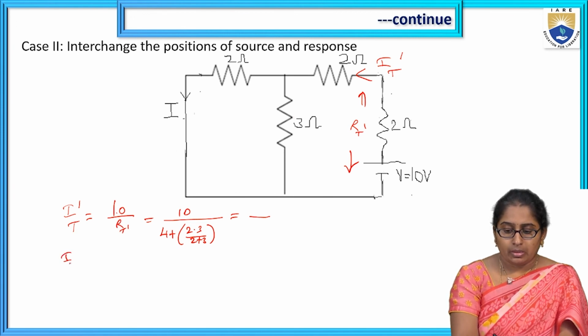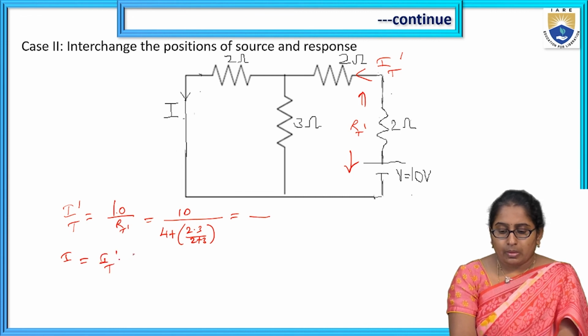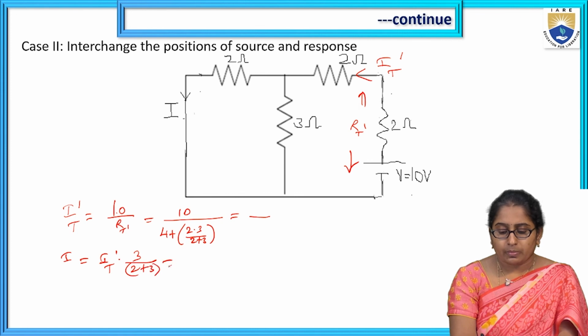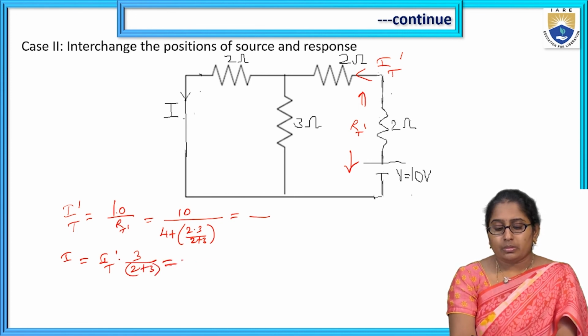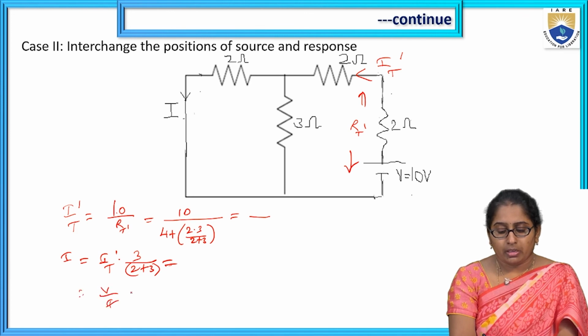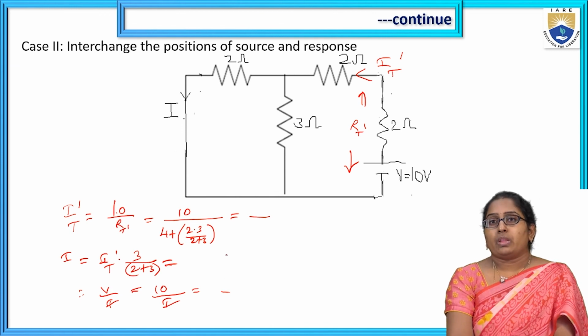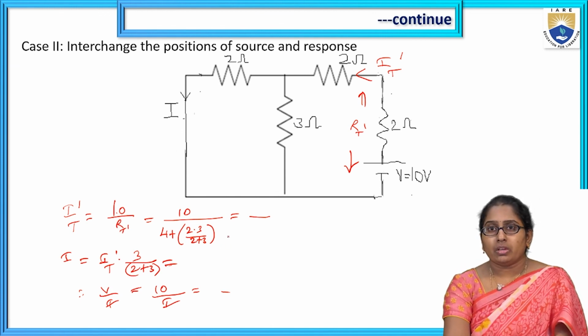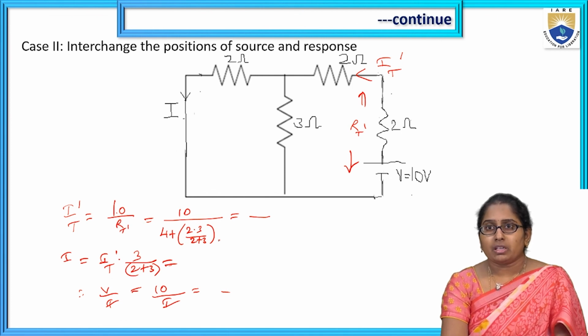Then the I value is IT dash into 3 by 2 plus 3. So that is the I value. Then the ratio V by I is 10 by I. So we can see that we get the same ratio for both case 1 and case 2.